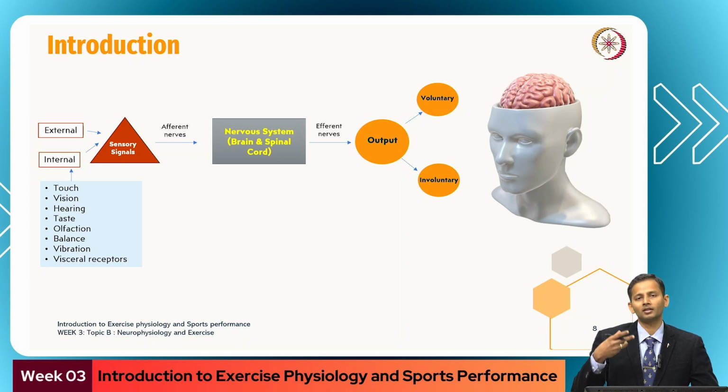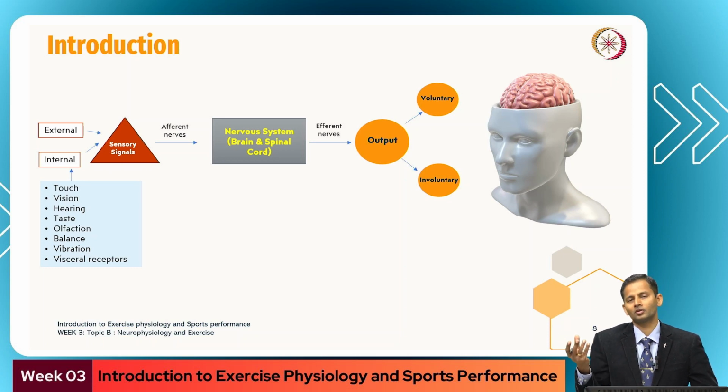These are the initial sensory receptors, and these sensations, either internal or external, are the sensory input, and this sensory input is taken and relayed to the processing unit, that is the nervous system, through a system of afferent nerves. So the nerves transmit this input to the central processing unit.